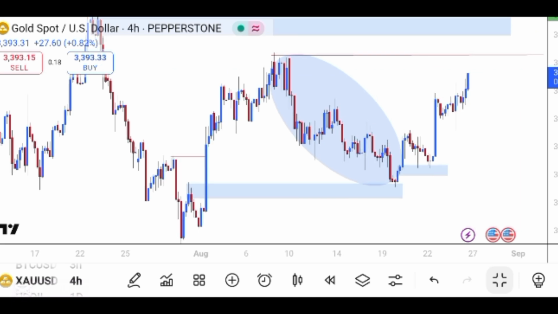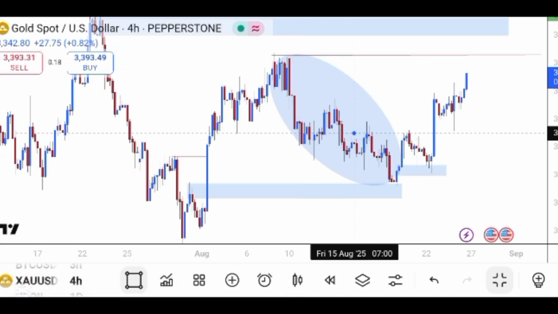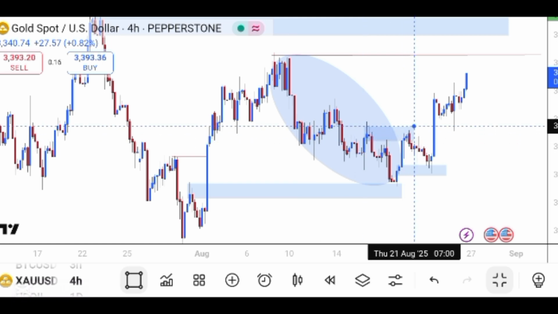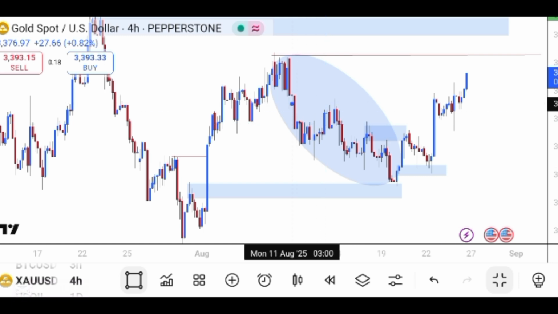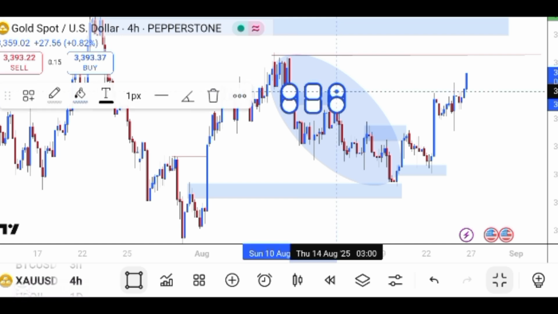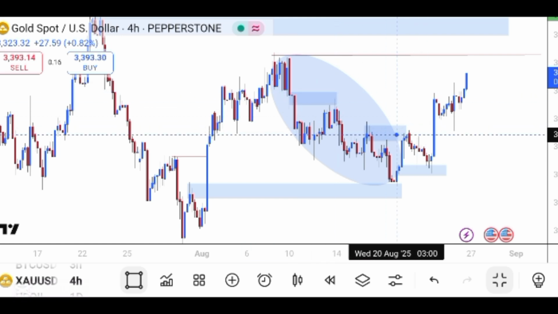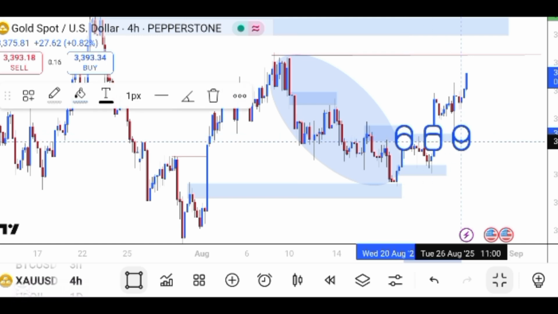So that's the first demand we have. We have another demand here. There's another demand here. So we also have another demand here, but the market doesn't use that demand to buy.